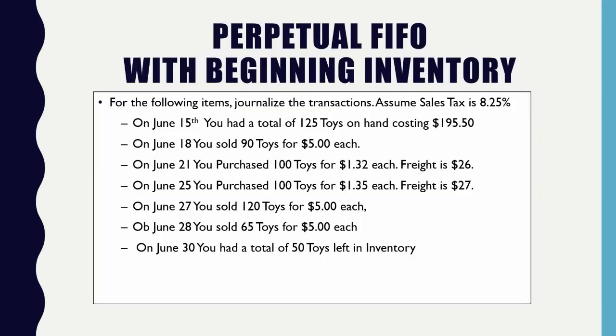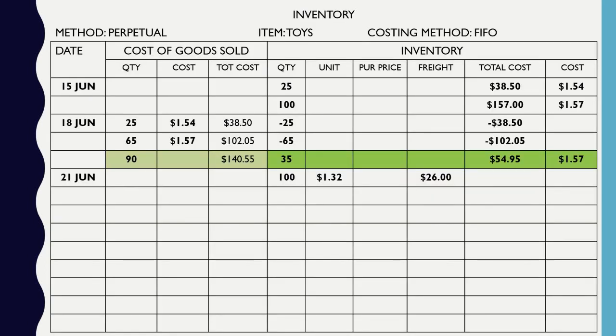Then let's take a look here. On the 21st and 25th, we end up purchasing 100 toys. On the 21st, we purchased it for $1.32. On the 25th, we purchased it for $1.35, okay? So once again, you're going to plug those numbers into your inventory worksheet because we're under the purchases section. We need to calculate what the cost per item is.